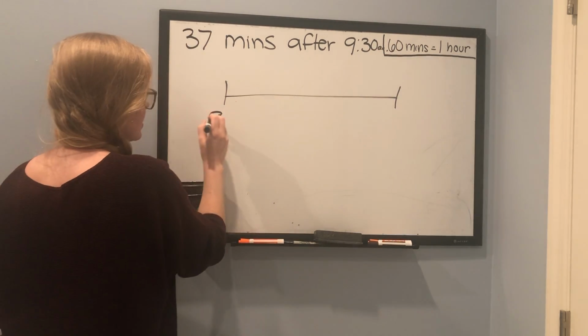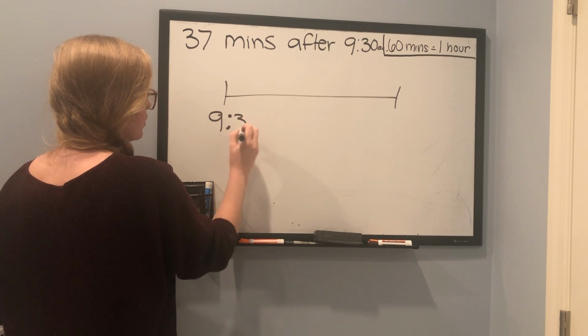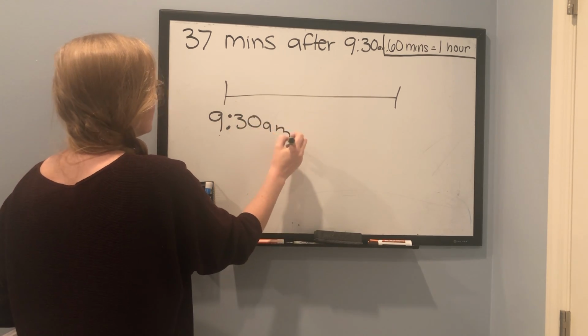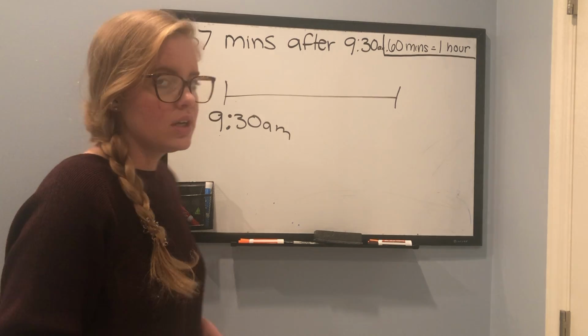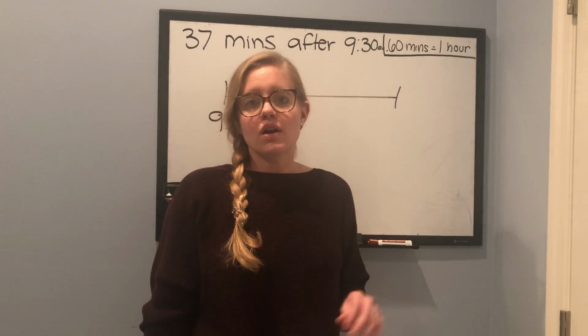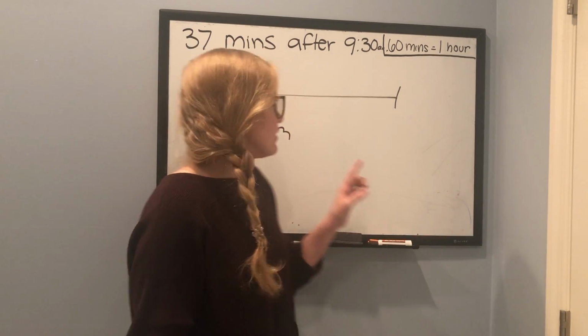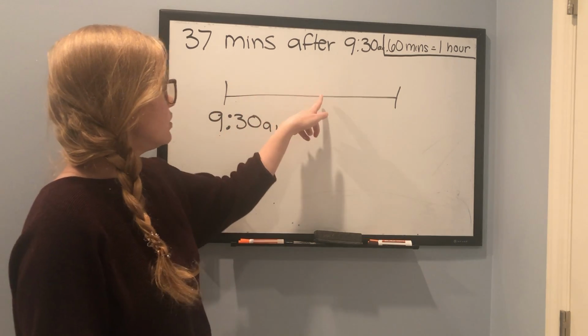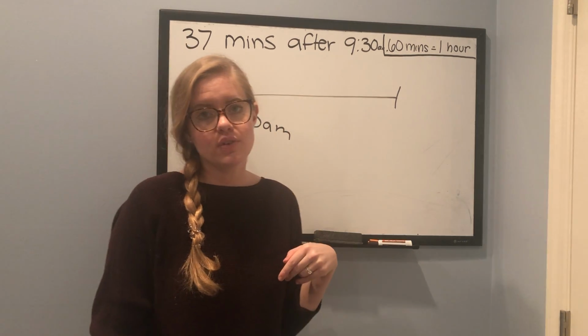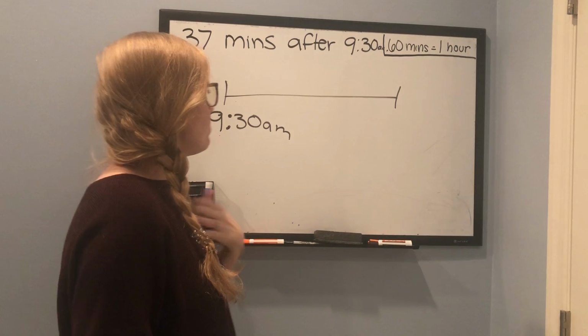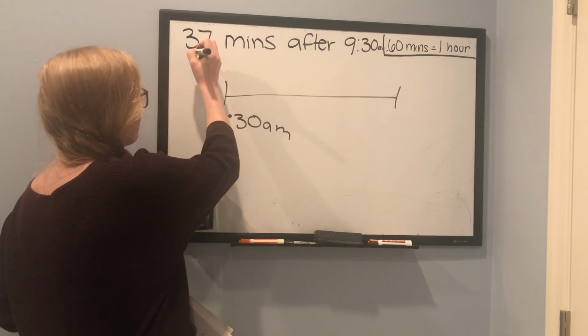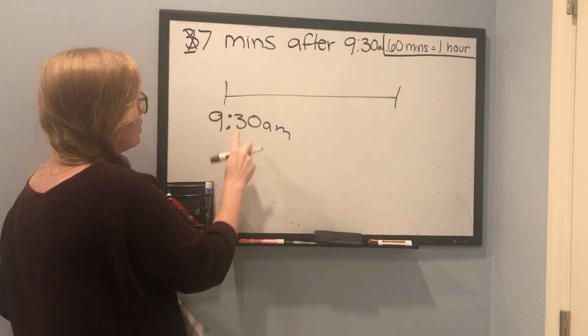Our starting point is 9:30 a.m. and we're going to do 37 minutes now. The jumps that you make are up to you. If you want to make little 10-minute jumps, and then another one to figure out 37, you can do that. For me, I think it's really easy to right off the bat make a 30-minute jump.